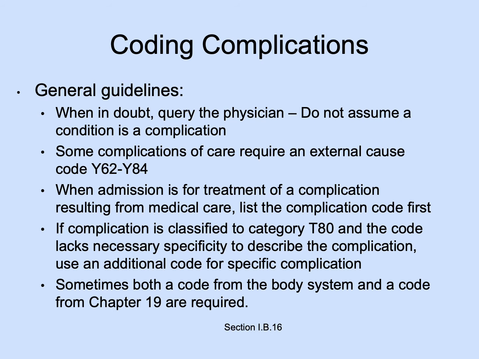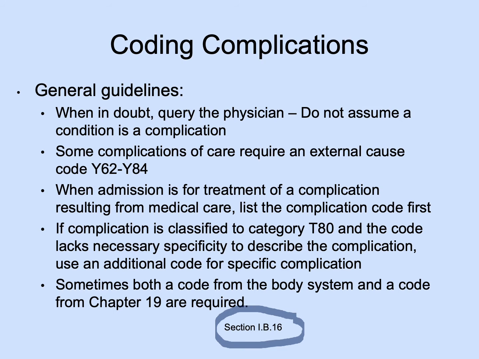Okay, so here are some general guidelines about coding complications, and you see down here, this is where you will find these in the guidelines. So when in doubt, query the physician. Do not assume a condition is a complication. Some complications, but not all, require an external cause code, Y62 to Y84, and we'll talk about that later on.